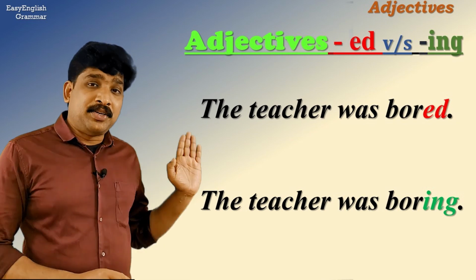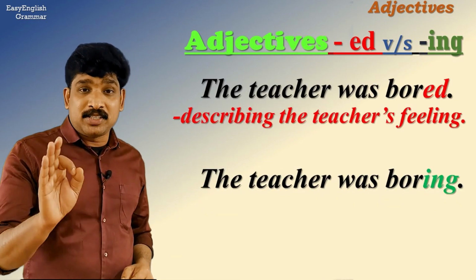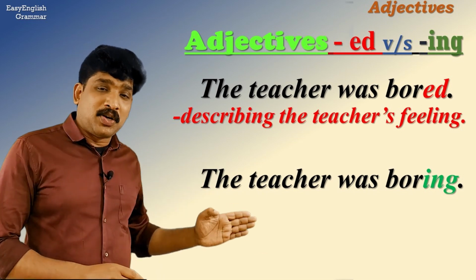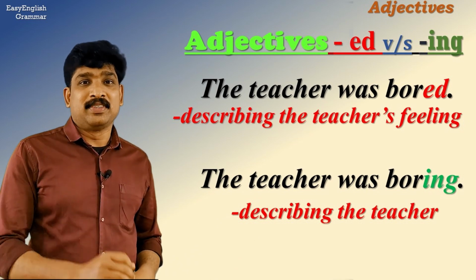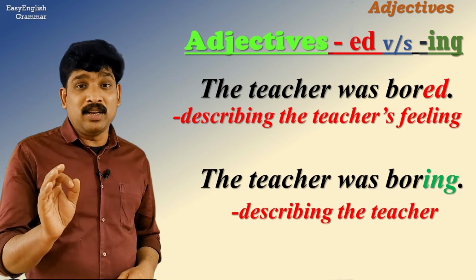When you say the teacher was bored, you are describing the teacher's feelings. Okay, that's how the teacher felt at that time. He or she was bored. Or when you say the teacher was boring, you are describing the teacher. The teacher made the students feel bored because she or he was boring.